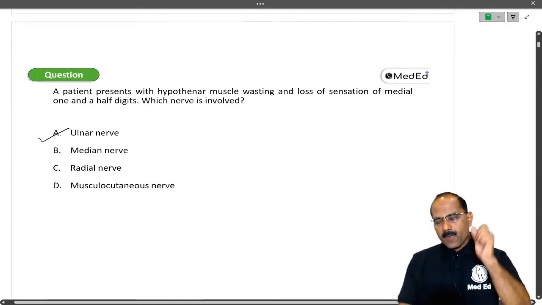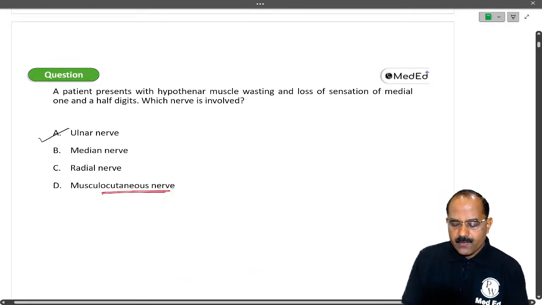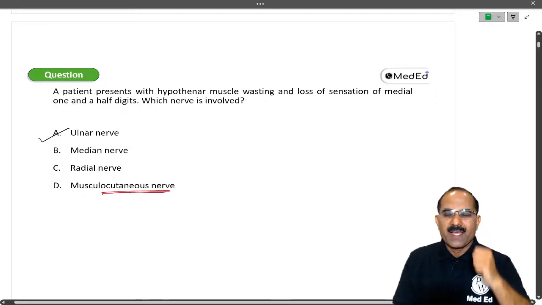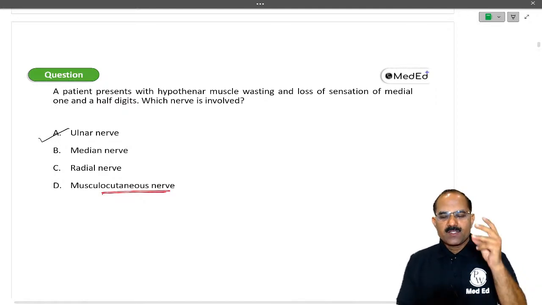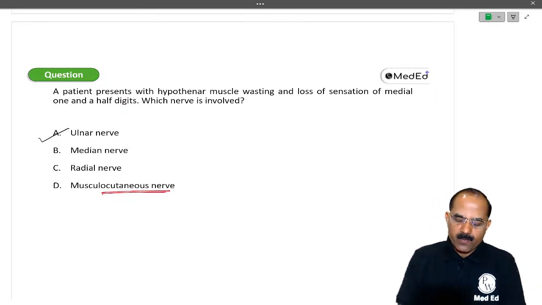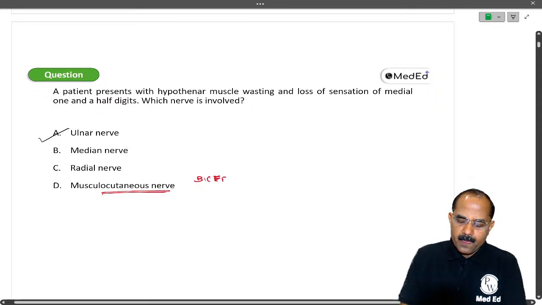Musculocutaneous nerve कितने muscle supply करता है बच्चों? Musculocutaneous nerve supplies 3 muscles: biceps brachii, coracobrachialis, and brachialis.